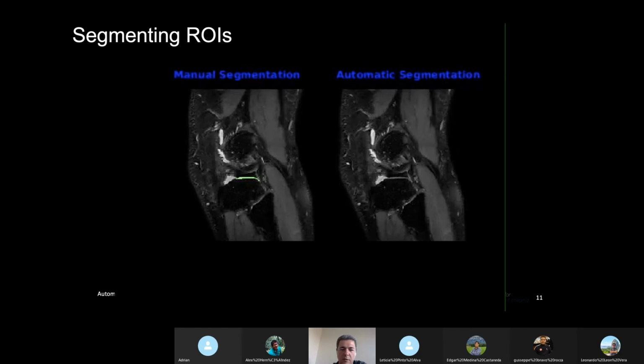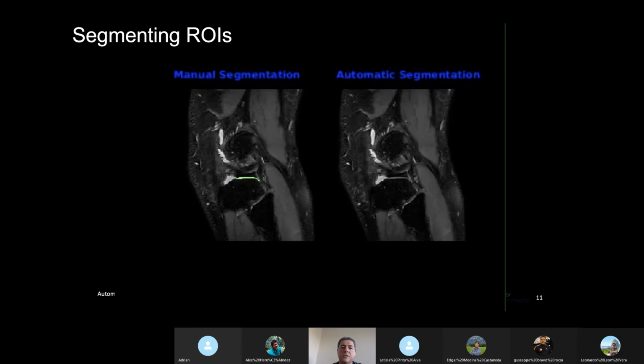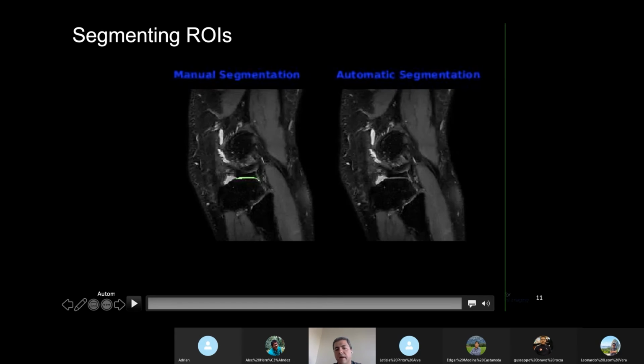If you guys are interested, I can show it. This is just a video to show what we want here. On the left-hand side, you have the manual segmentation from the radiologists in the clinic where the MRI was acquired, and on the right-hand side you have the automatic segmentation that was done by the model.